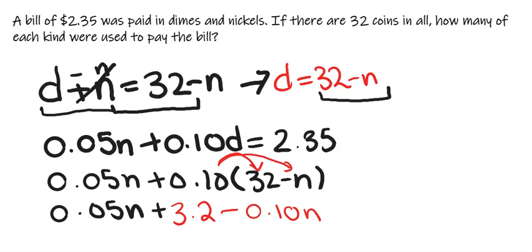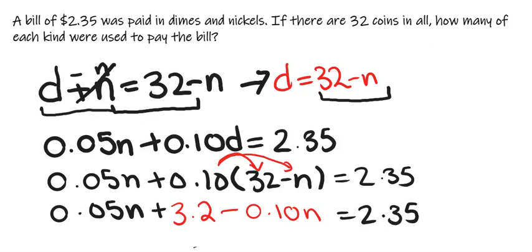Now we have to add or subtract like terms. Right away, we know that 0.05 N and negative 0.10 N are like terms.